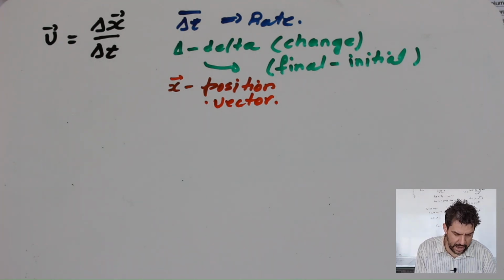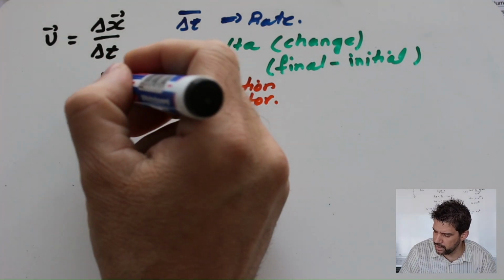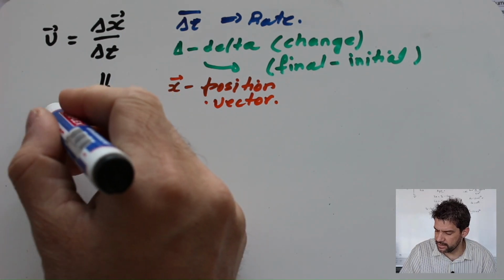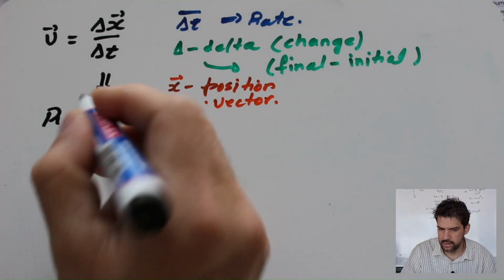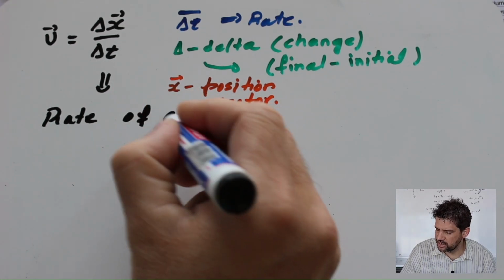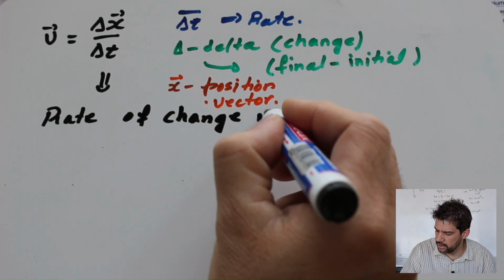So if we read this specific formula, it is the rate, because it's divided by time, of change in position.